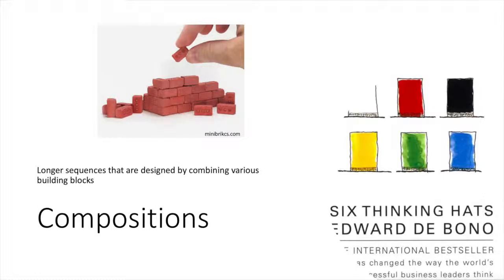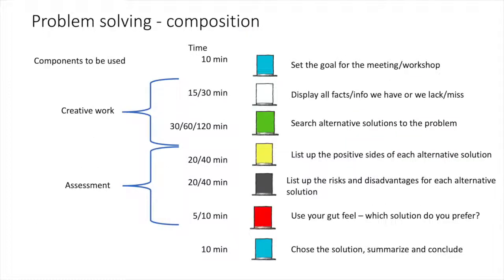So we can see how we can use these building blocks to create longer sequences and have more advanced process designs. This is a classic longer sequence used to solve problems.